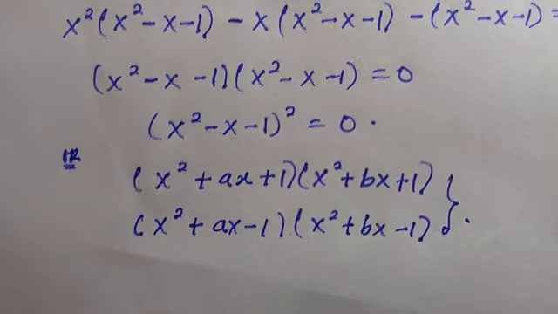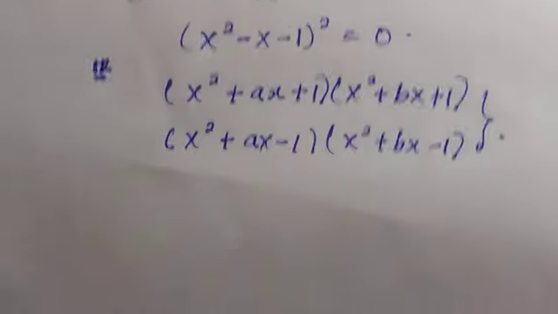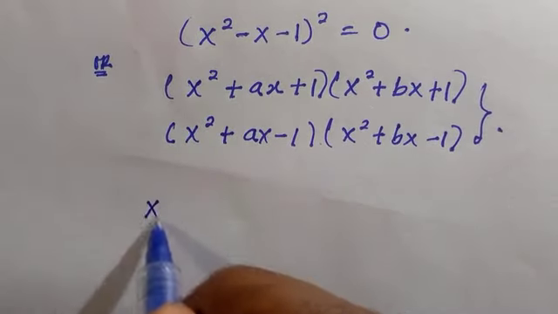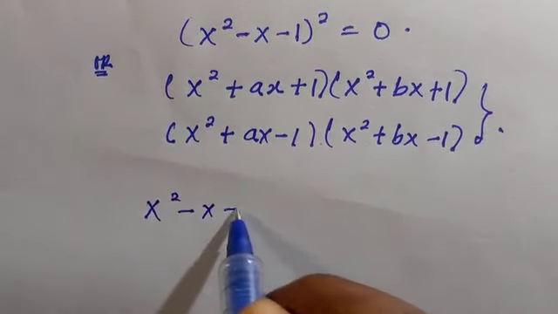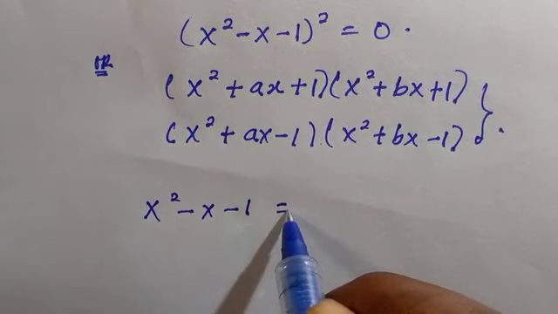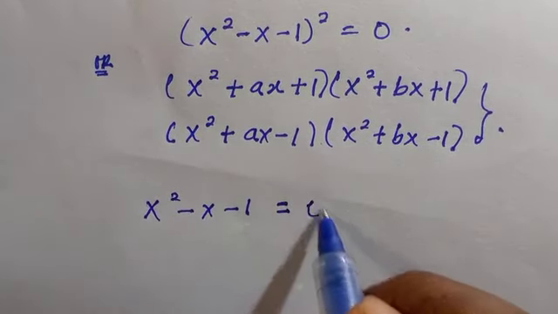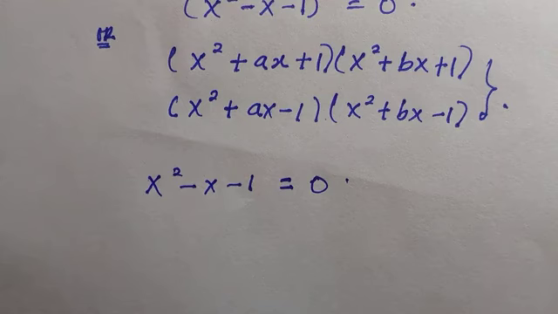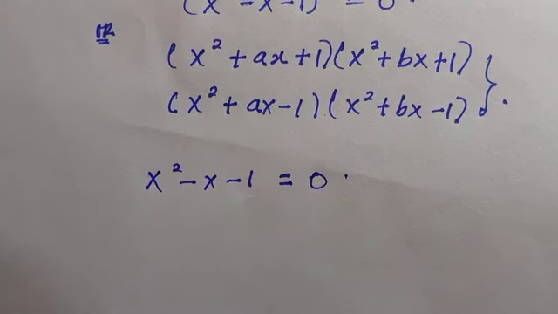So let's go back to the problem to obtain the value of x. So we have x squared minus x minus 1 is now equal to 0 by taking the square root of both sides. And so you have a quadratic here, and we can take out the values of a, b, c from this.